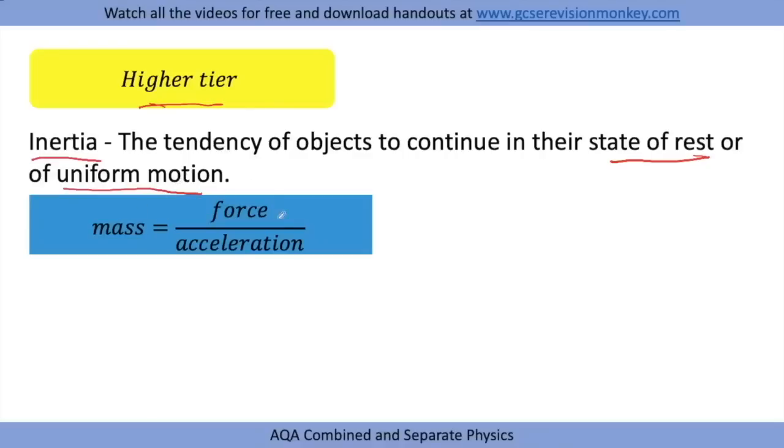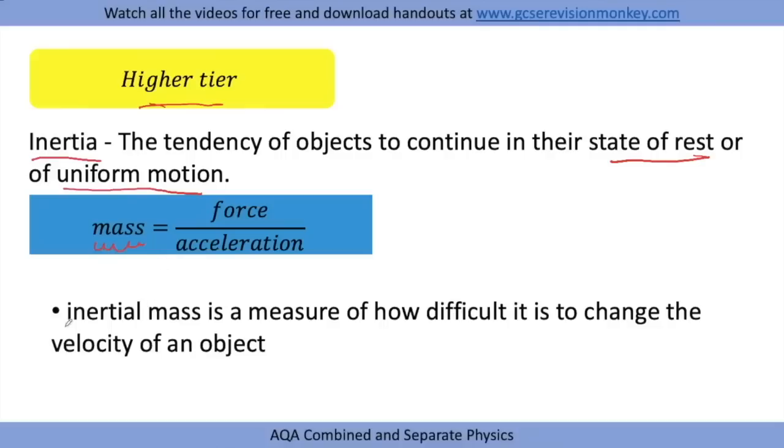So looking at our F equals ma equation, if we rearrange F equals ma, we get mass equals force divided by acceleration. And this type of mass, within this equation, once you've worked out force divided by acceleration to calculate your mass, when you've calculated mass this way, this is called inertial mass.